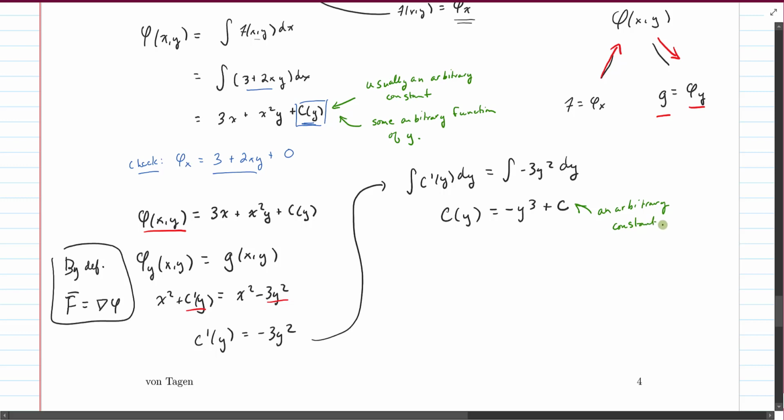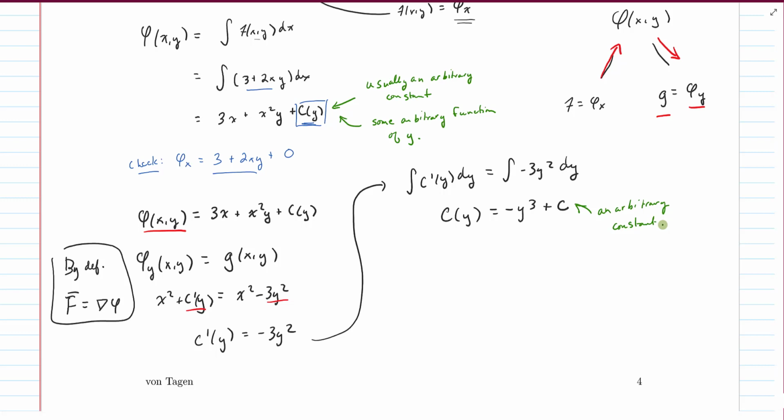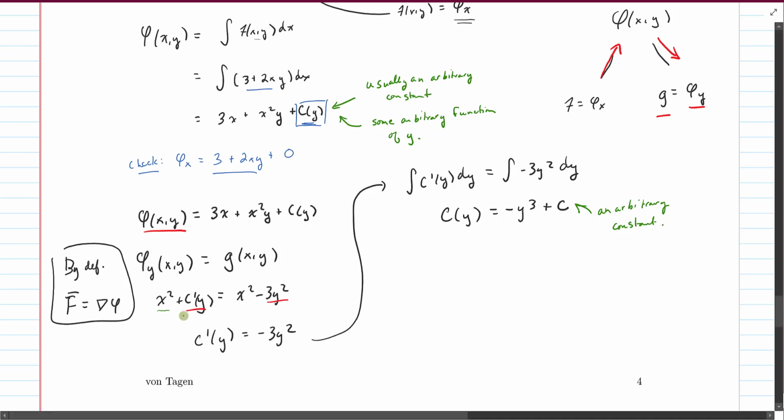It wouldn't be a function of x, because we already took care of all of our x components when we equated the components that depended upon both x and y, and we separated those from the remaining components that depended just upon y and set that equal to our c prime of y.